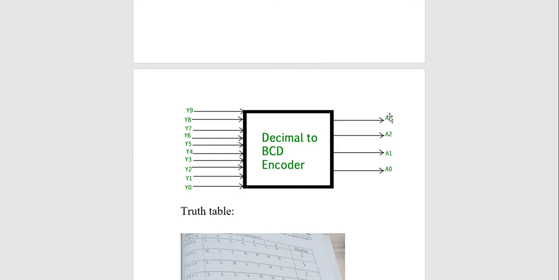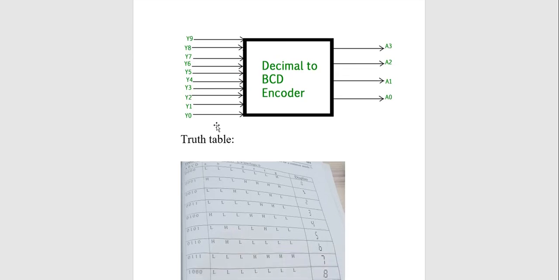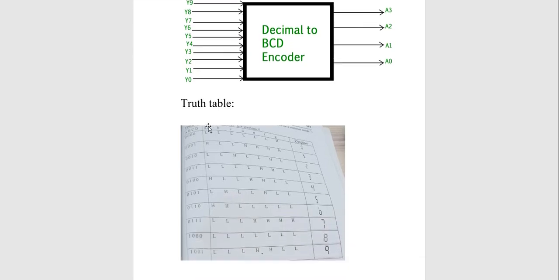If your input is 0 0 0 0, then which AND gate will be selected will be shown from Y0 to Y9 correspondingly. So this is the symbol used for the BCD to decimal decoder.